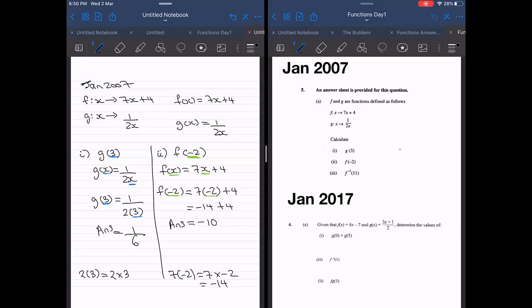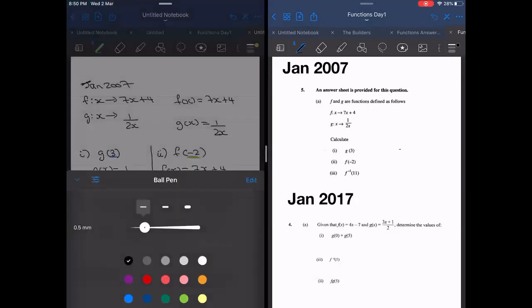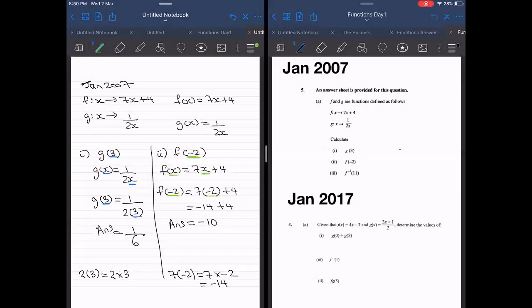Okay, for the person who said repeat, was it for part 1, part 2, or both? Okay, part 2. So they asked us to find f of minus 2.